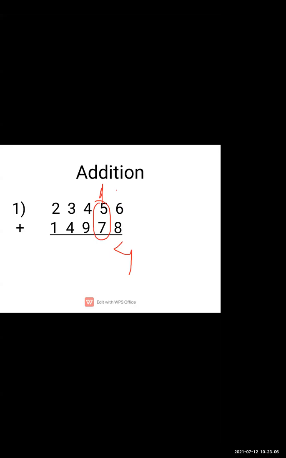Listen carefully. Yes, 5 plus 7 is 12, and 1 is given, so 12 plus 1 is 13. Correct. So 1 you will give here, and you will write 3 below the number. Only your answer should come below the number.